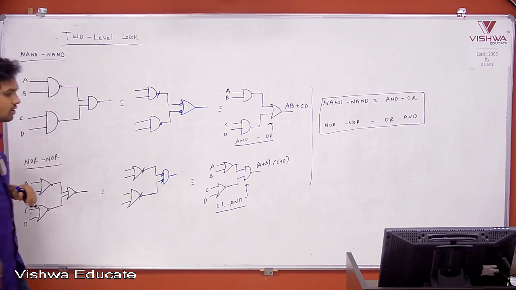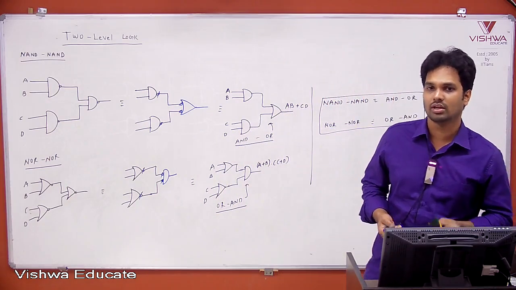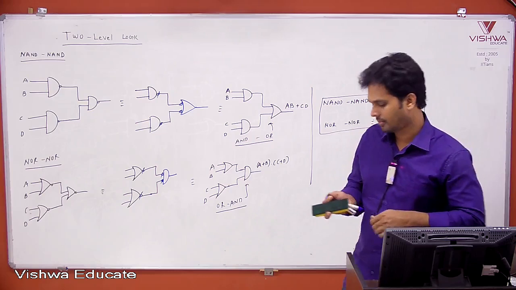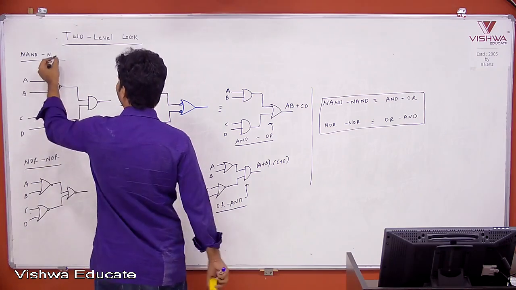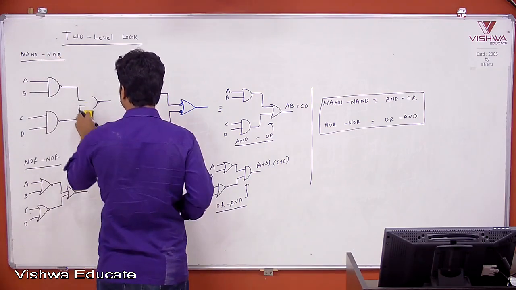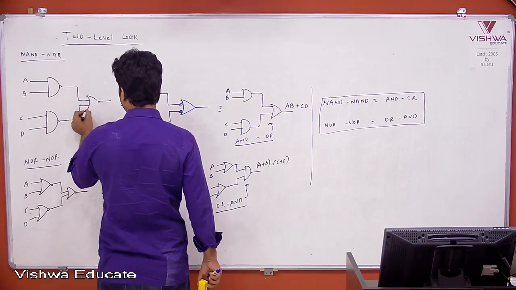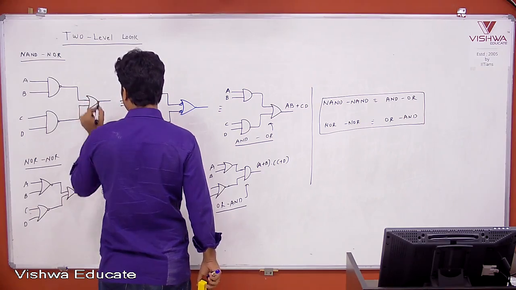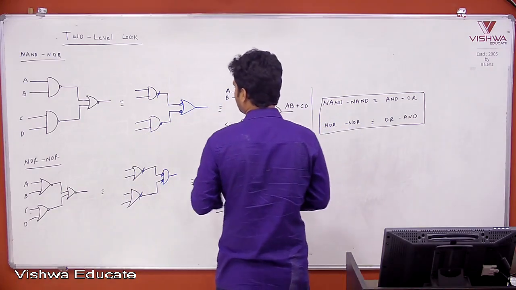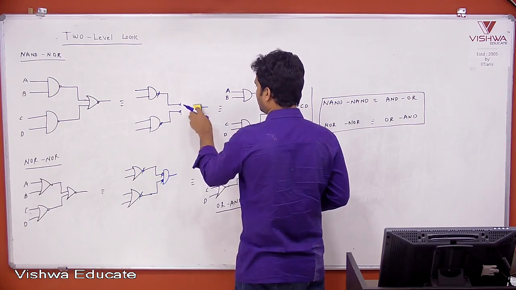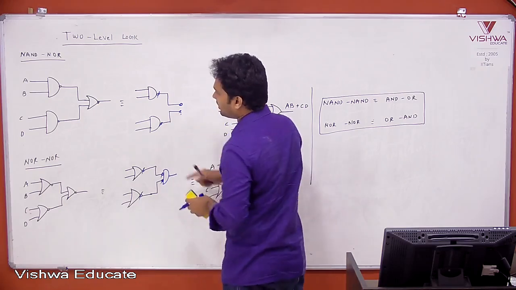In this two-level logic, other than NAND and NOR, we have other cases also. Next one is NAND followed by NOR. Please observe what I am doing. You have a NAND gate followed by a NOR gate.